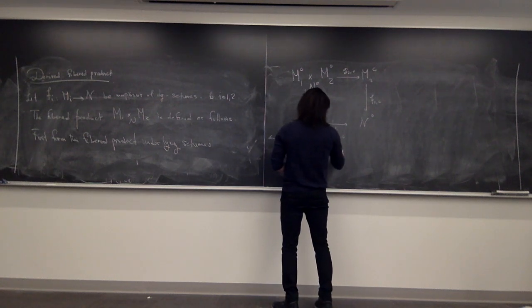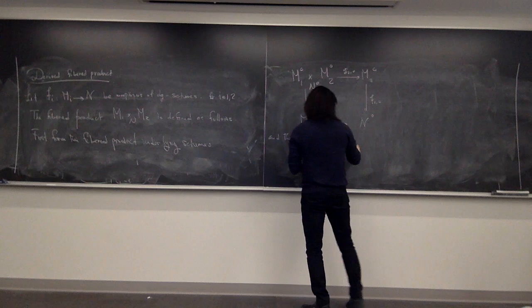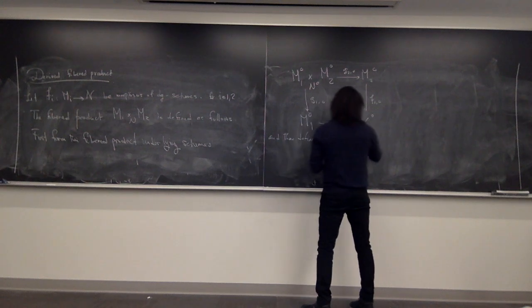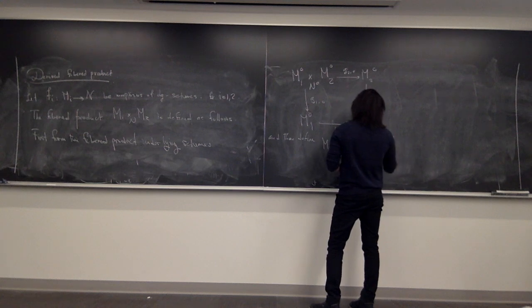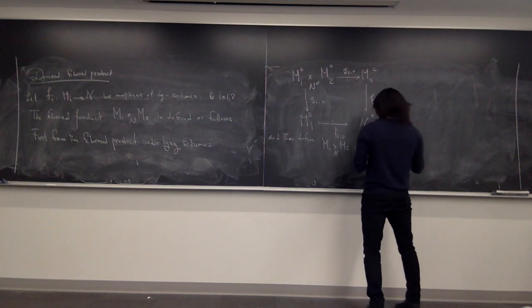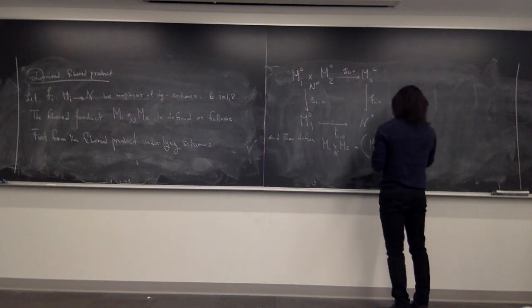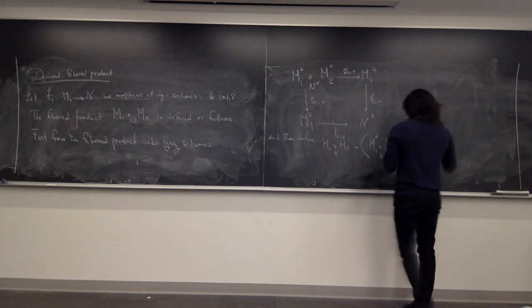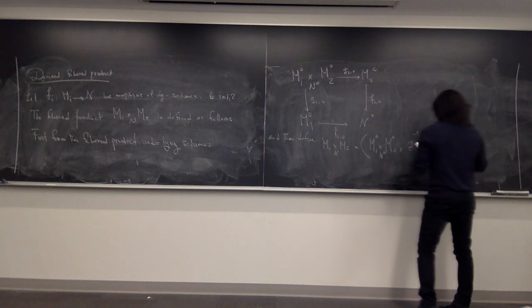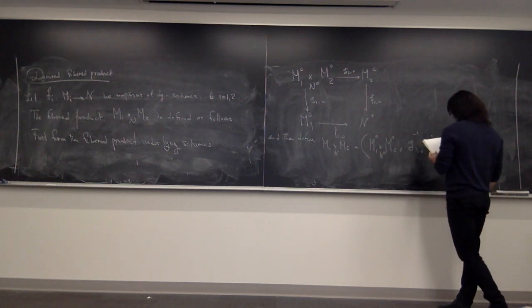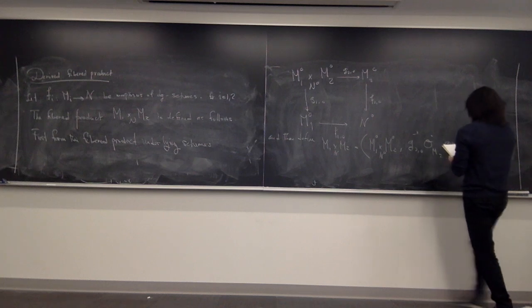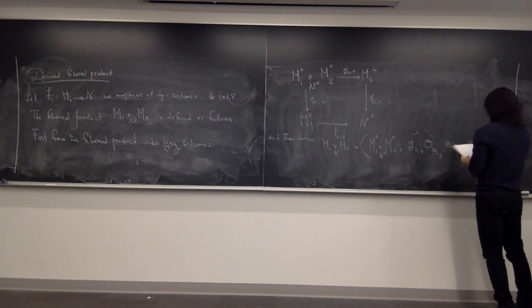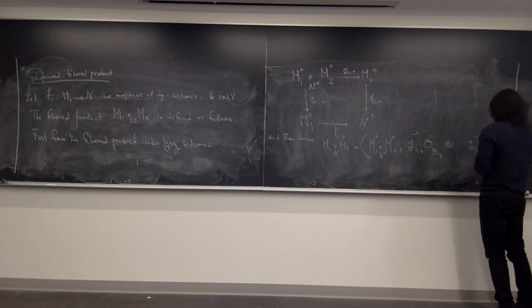the fiber product M1 over N times M2 to be the underlying scheme M01 times M02 over N0 together with the algebra, which is G2,0 inverse of O dot of M2 times G1,0 inverse of O dot of M1.